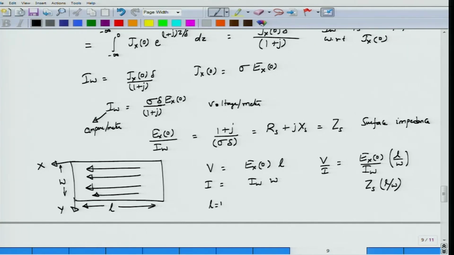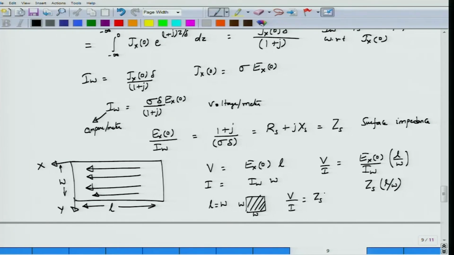What happens when you consider L equal to W? What you are really considering is a square, whose area is W square, whose sides are W and W, and numerically V by I will then be equal to Zs.